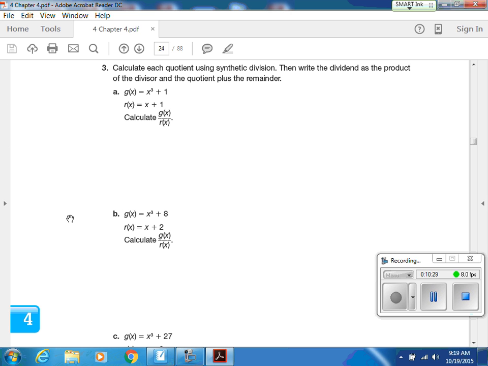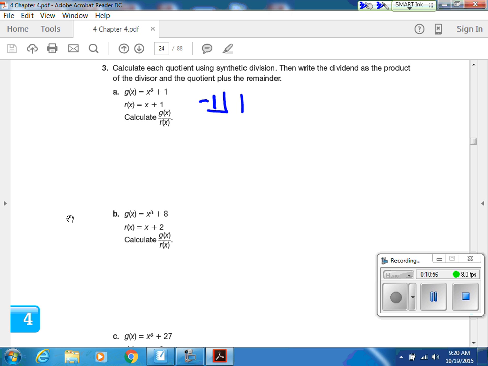And they want us to divide g of x by r of x. Okay? So if I'm dividing by r of x, what's going to go right here? -1. What about over here? What's that lead coefficient? 1.